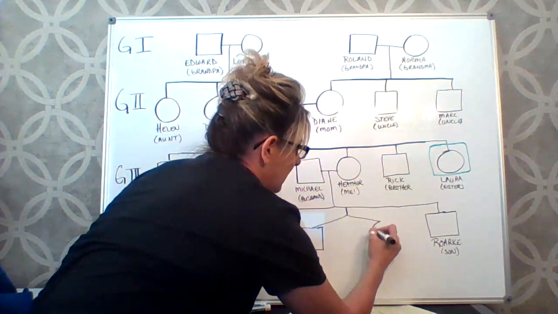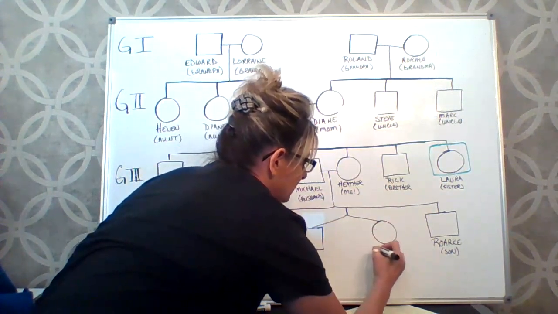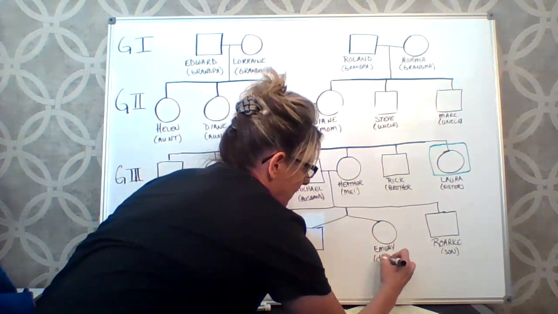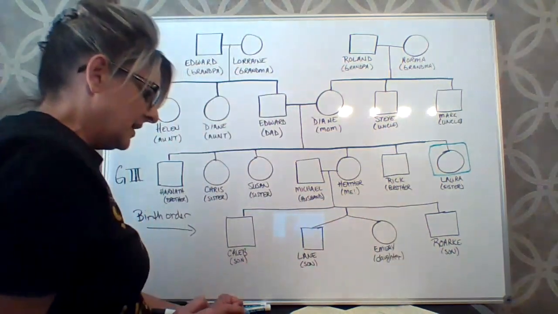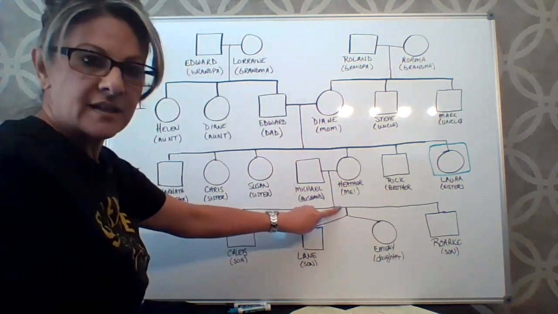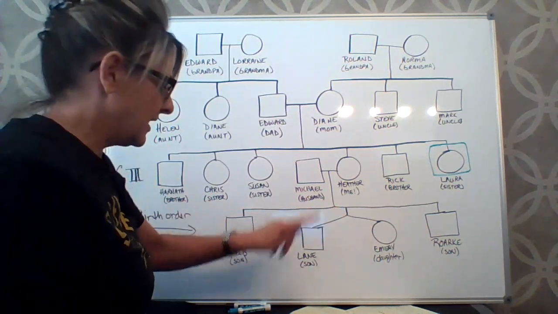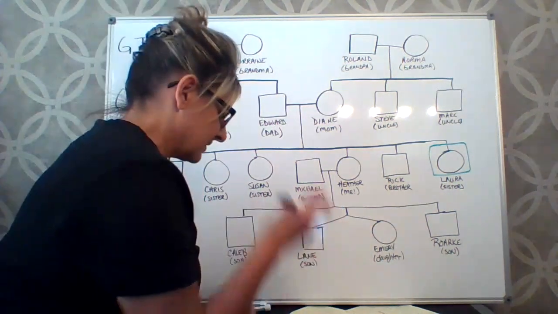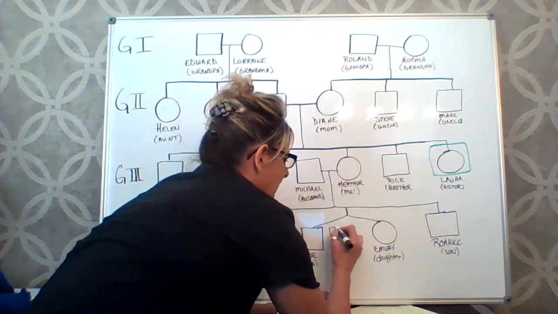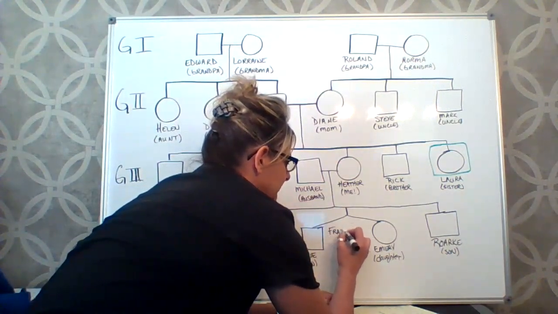And then my daughter, and that is Emery. Okay. Now, you can see that these two are connected, and then they are connected together to that sibling line. They are twins. This is what we would represent as fraternal twins.